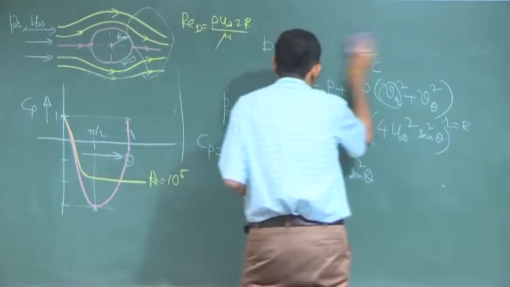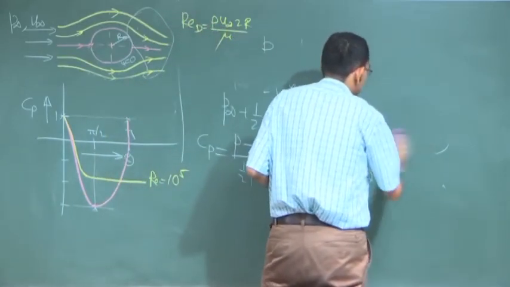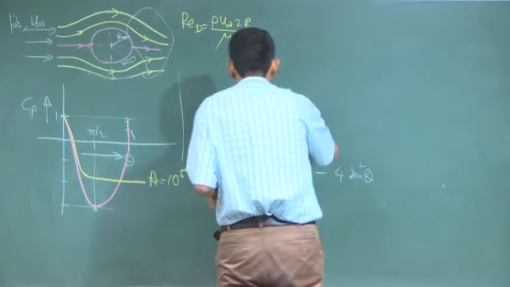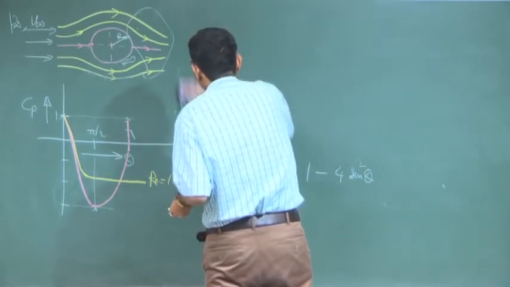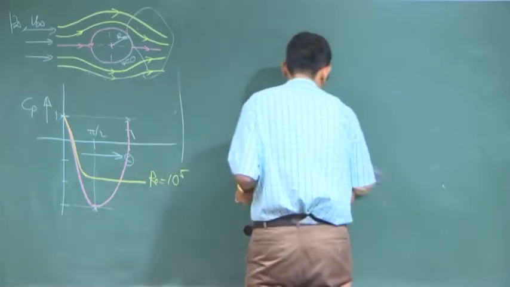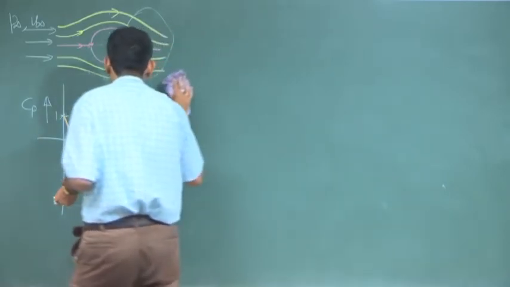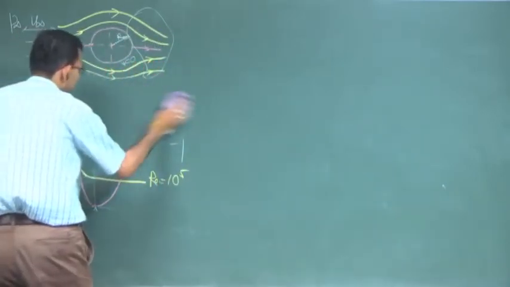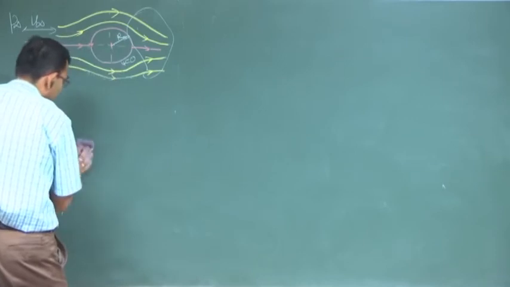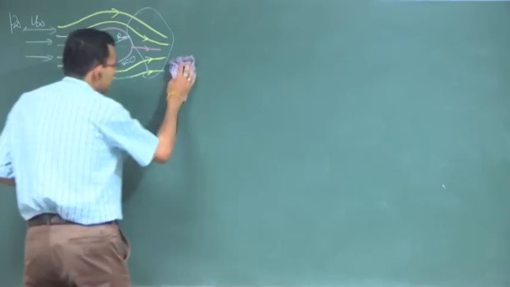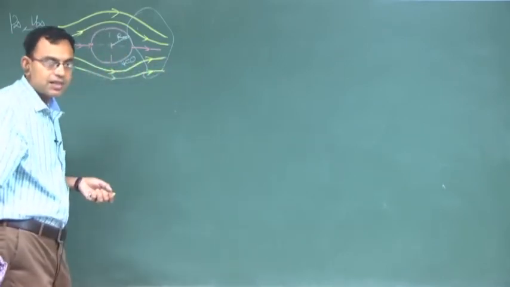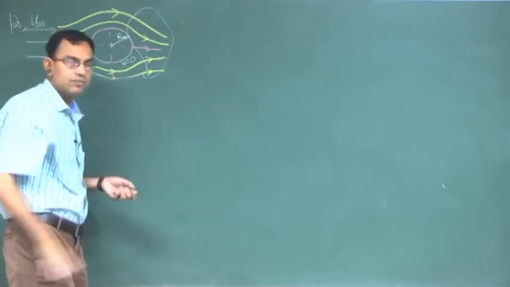We have seen how to model flow past a circular cylinder, but if you calculate the drag force on the cylinder, which is a matter of great engineering importance, purely because of the symmetry of flow, you can see that the drag force will be 0.